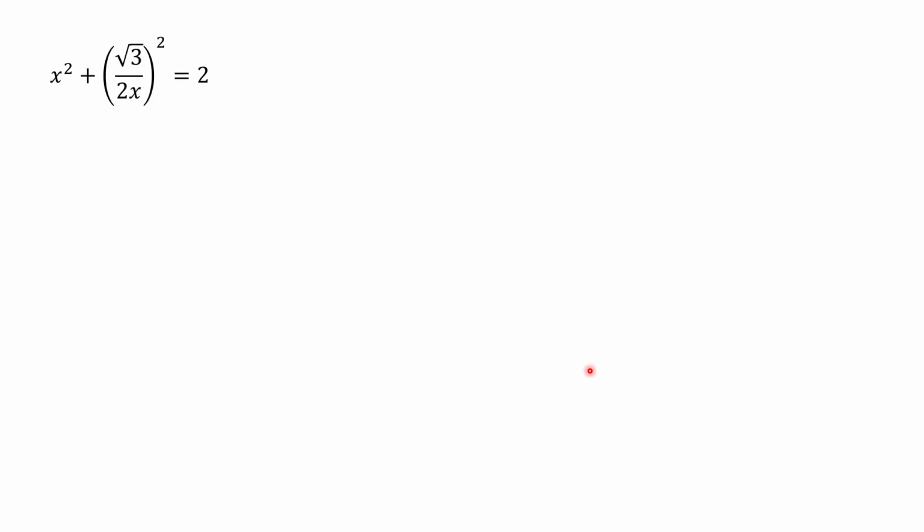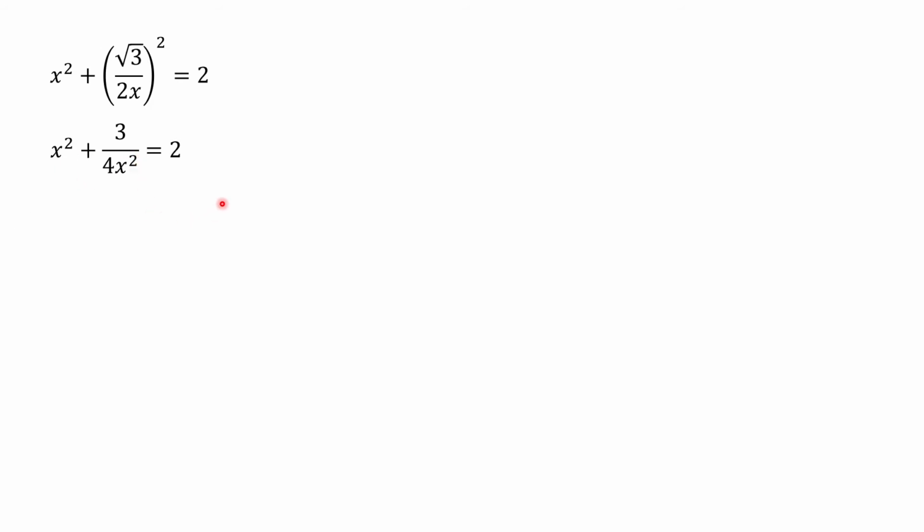This is our equation. Let's get rid of this parenthesis squared. So what's going to happen here is this: the square of the fraction is the square of the numerator divided by the square of the denominator. We got the equation like that. What do we do about this? Well, let's get rid of the denominator.